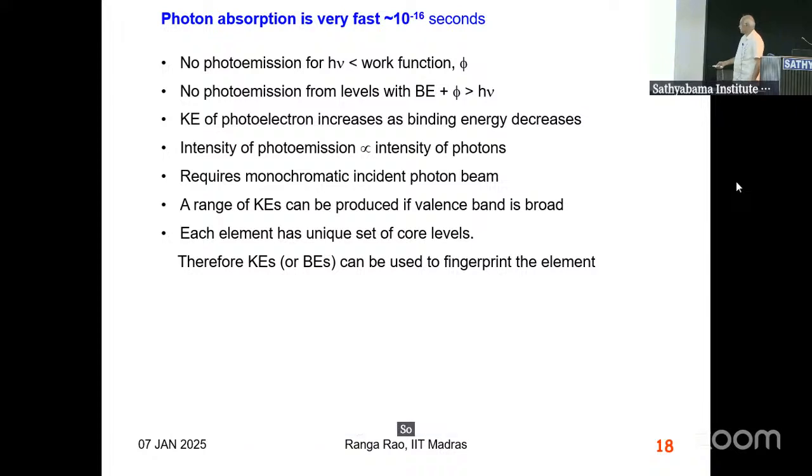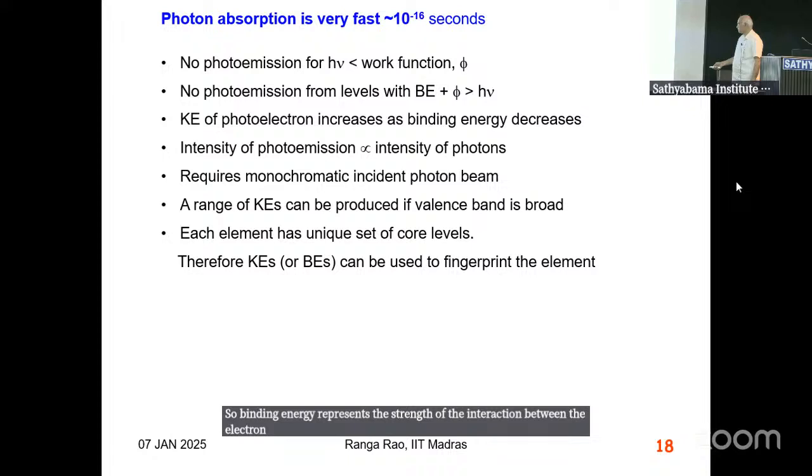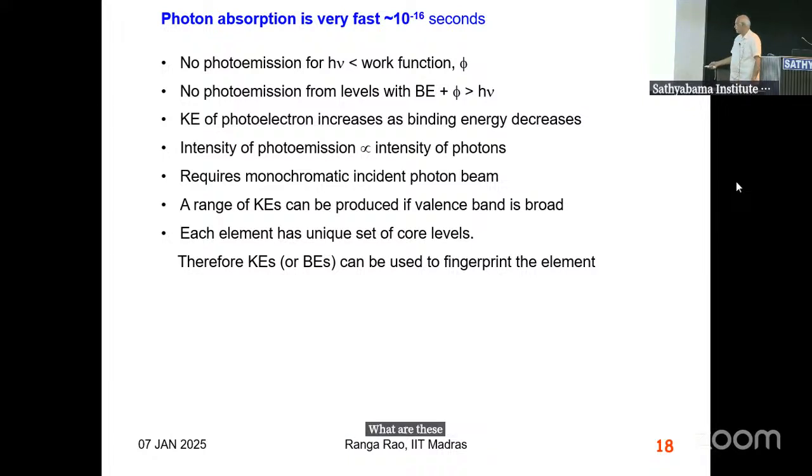So binding energy represents the strength of the interaction between the electron and the nucleus. Electron has these quantum numbers. What are these quantum numbers? N, L, M, S. What are those? Teachers? Non-teachers or students? So a particular electron, we have 4 quantum numbers, right?